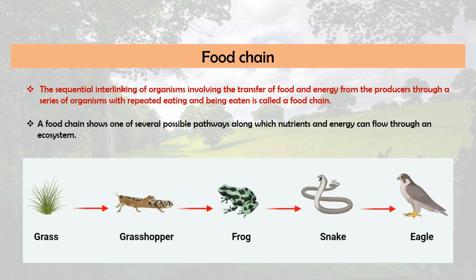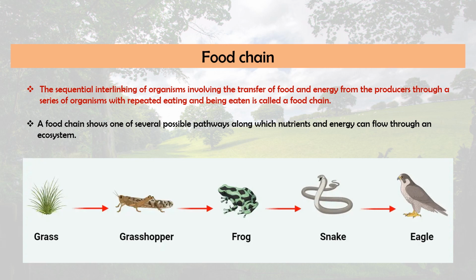So, food chain shows several possible pathways along which nutrients and energy can flow through an ecosystem. In other words, the biotic factors of the ecosystem are linked together by food. For example, the producers form the food which is taken by the herbivores, and herbivores are in turn consumed by the carnivores, and the sequence continues till top consumers.